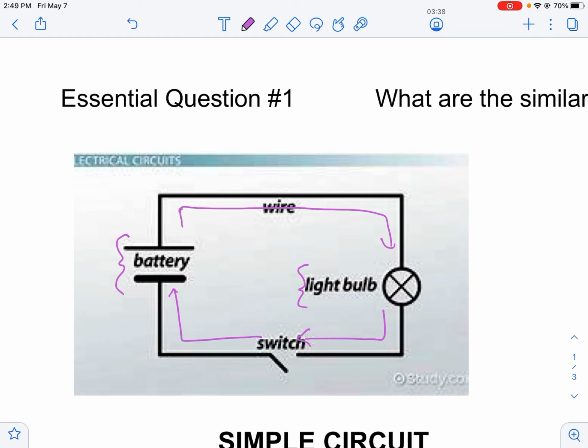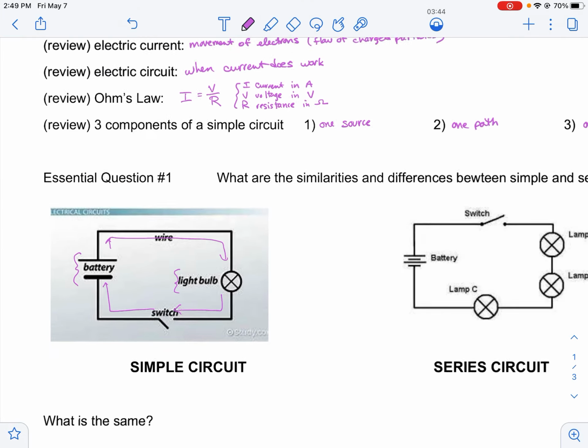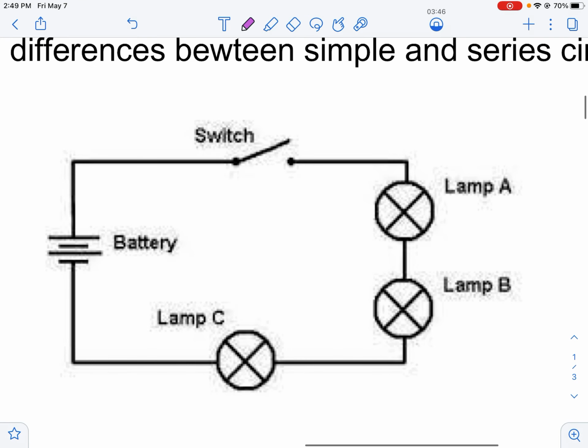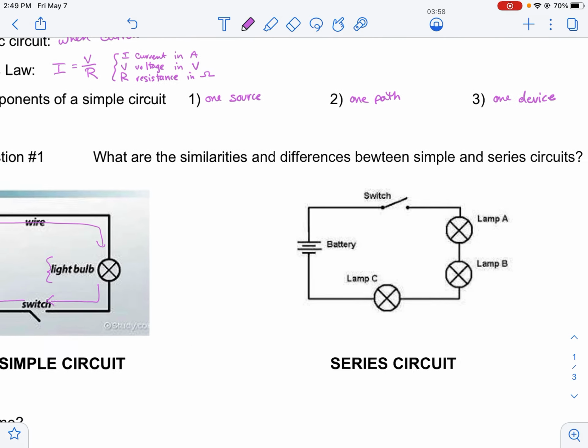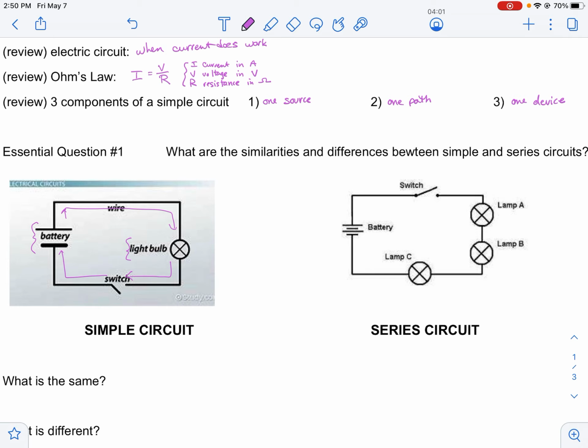This happens to have a switch in it, but we said that doesn't really change the type of circuit that it is. All right, so there's my simple circuit. All right, here's my series circuit. So take a look and see what's different between the simple one that we just looked at and the series circuit. So I'm going to give you a minute to think about that. What's different between this series circuit and that simple circuit?